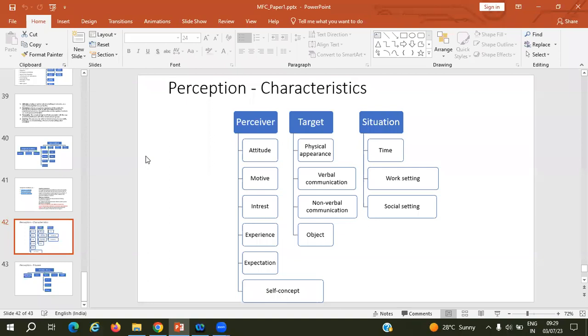Suppose a person is looking very good, you will definitely have a good perception. Suppose you are joining a party and a person comes in party wear, the perception is good. Suppose a person comes without party wear, in a normal office dress, your perception is different. In office, if you see someone coming in a party dress, your perception will be different. So how the person looks, that is important.